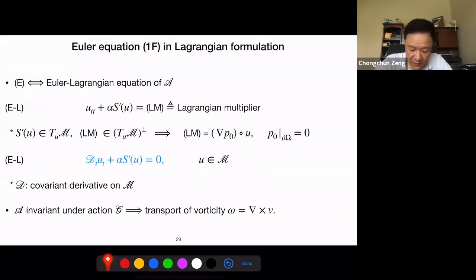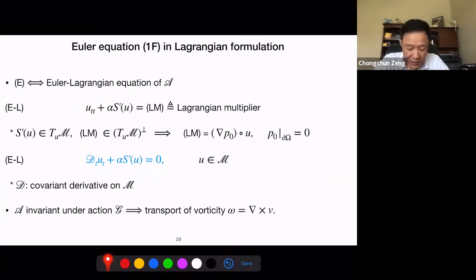And then the combination of these two should be only a Lagrangian multiplier in the Euler-Lagrange equation. So this comes from the variation of the kinetic energy. This comes from the variation of the potential energy. And this might contain a normal component.